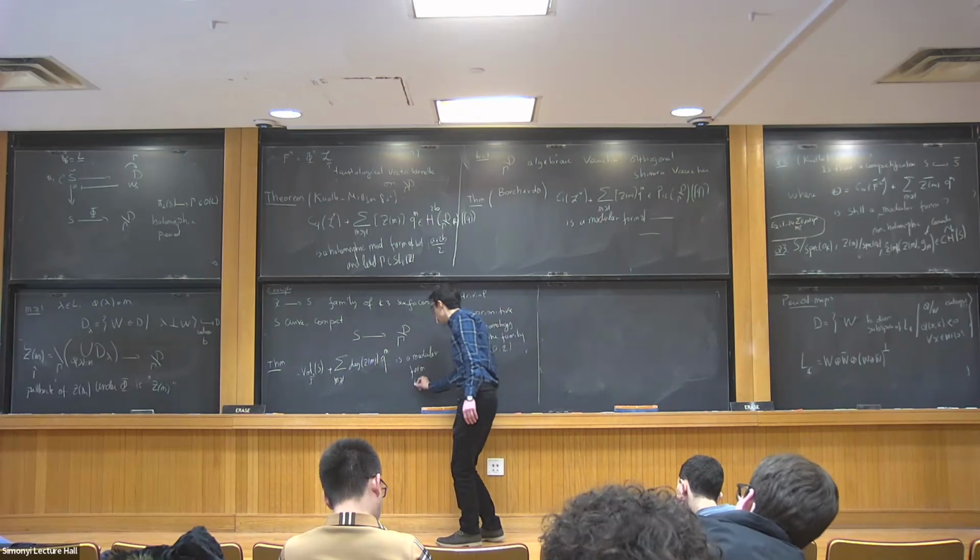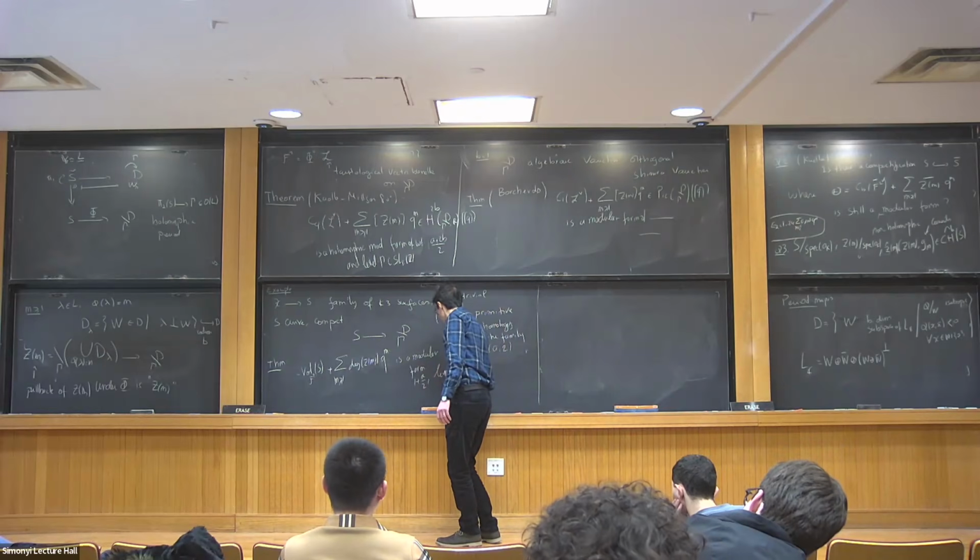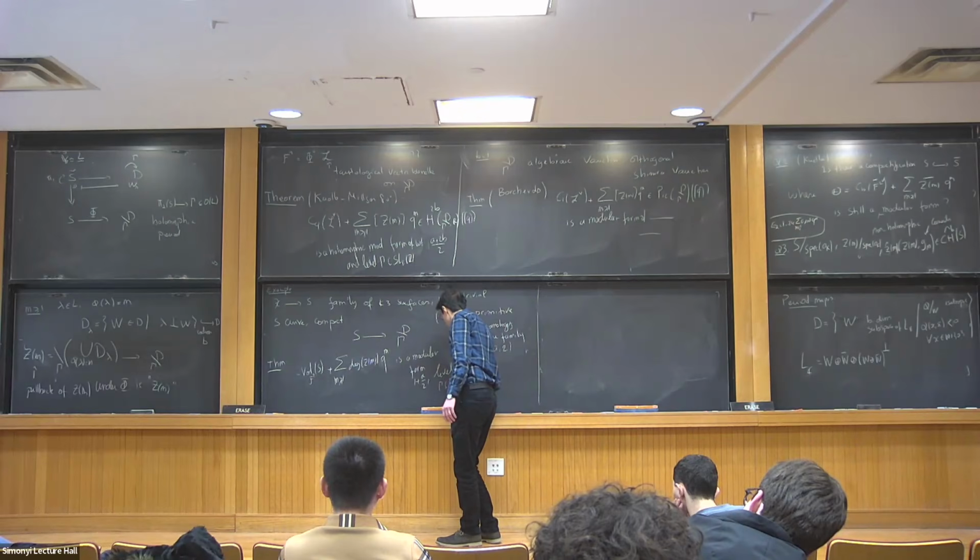And so it's going to be 1 plus A over 2, and some level gamma inside SL2Z.